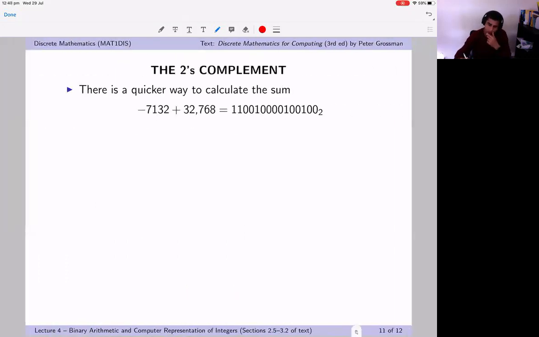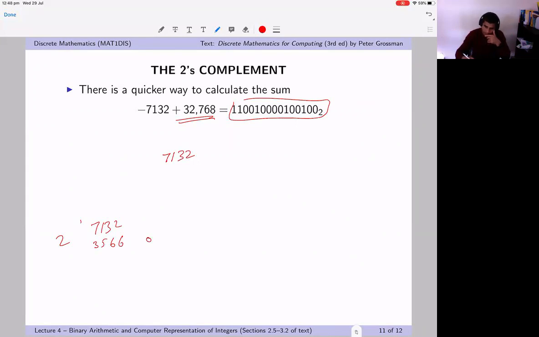Remember in the previous example, I had to add 32,768 to get the binary representation. However, there is a quicker method that I can apply, and that method is to simply convert this 7,132 into binary first. I convert 7,132 into binary: 3,566, remainder is 0.